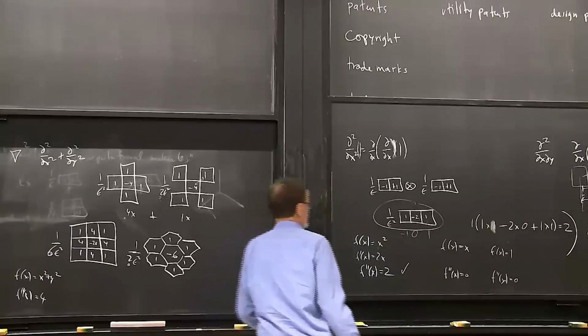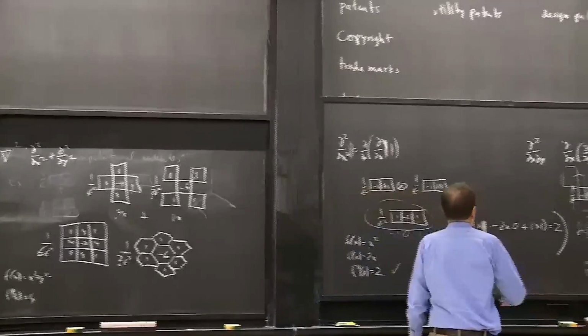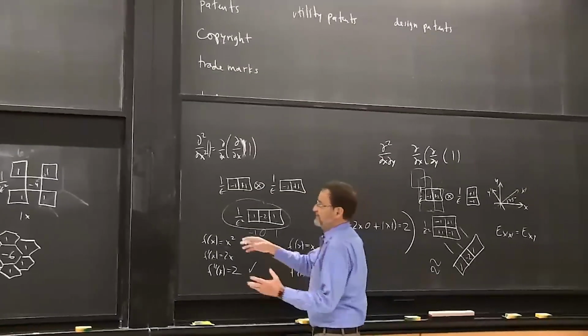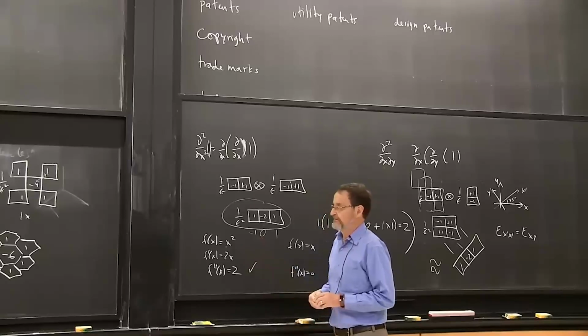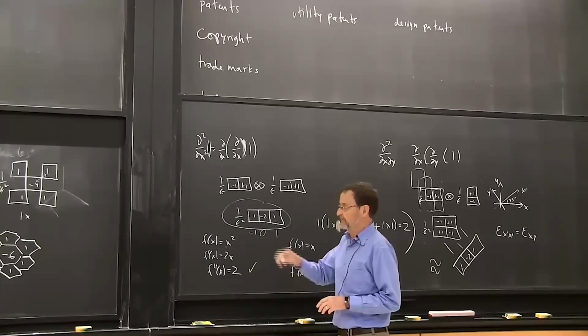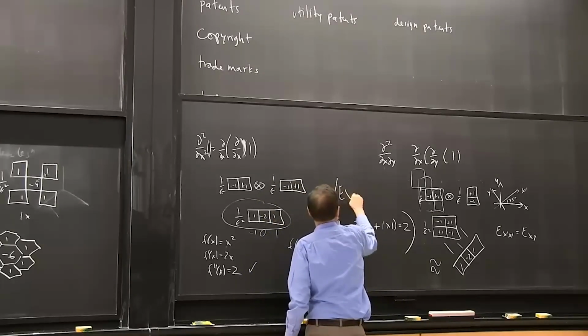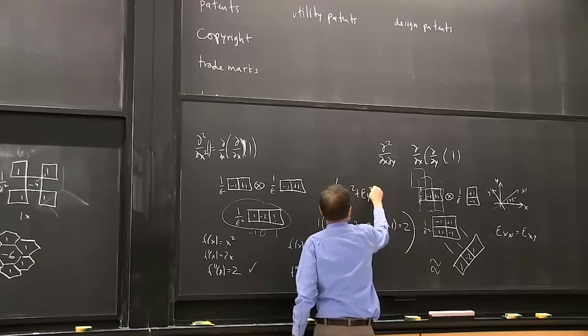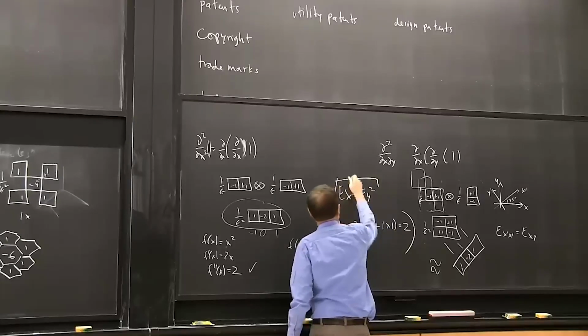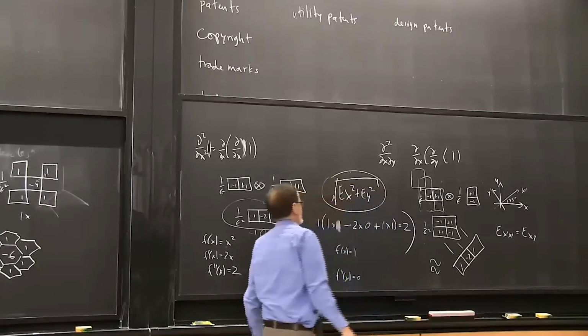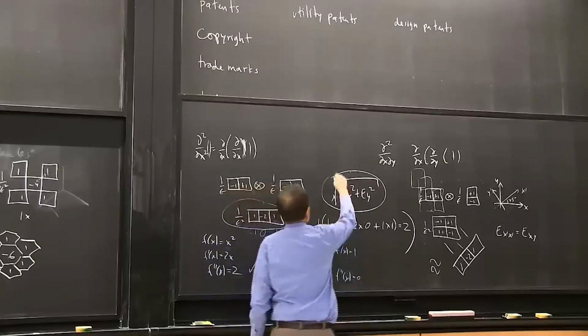So while we're here, I should mention that I mentioned already that the Laplacian is the lowest order linear differential operator that's rotationally symmetric. Here's a nonlinear one. So this operator is rotationally symmetric. What do I mean by that?